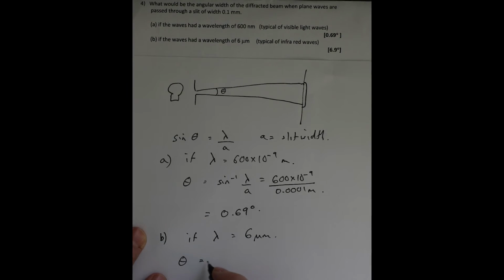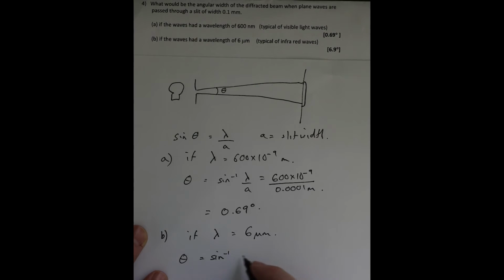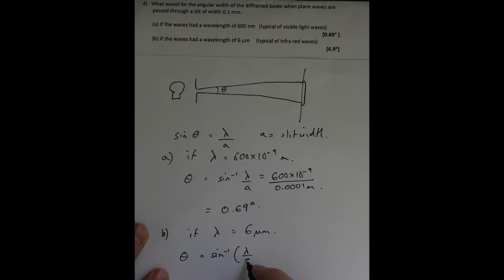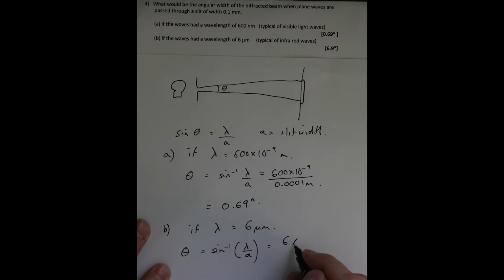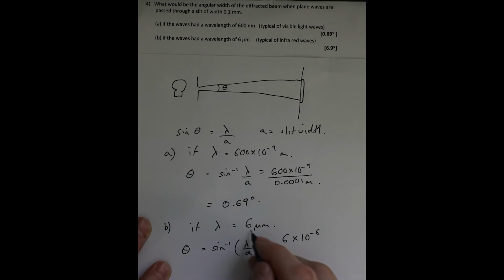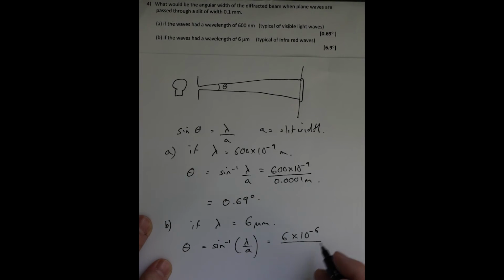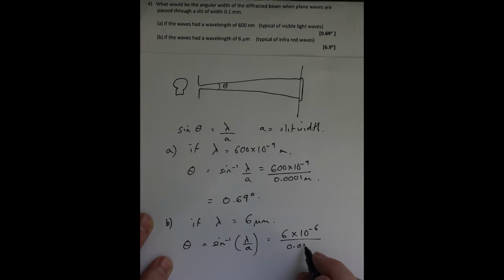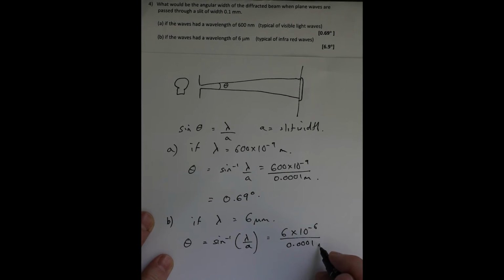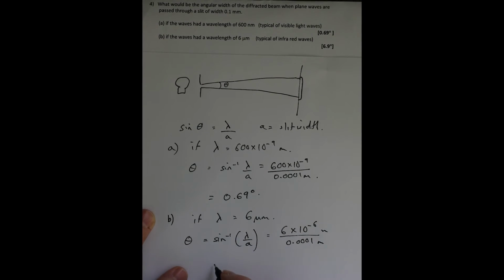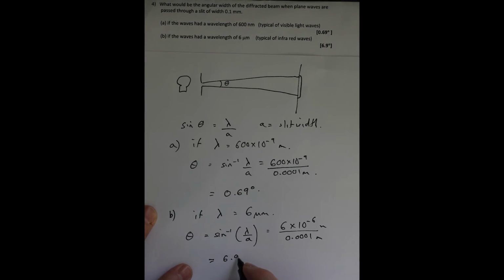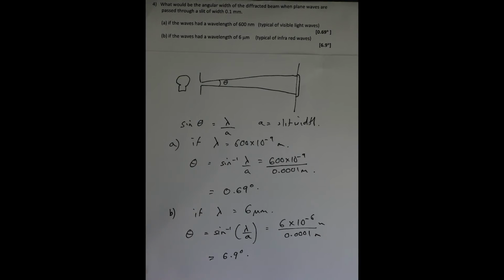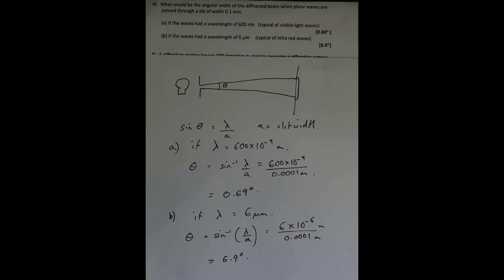So theta is equal to sine to the minus 1 of lambda over a, which in this case is 6 times 10 to the minus 6. Remember, micro is times 10 to the minus 6. Divided by the slit width, which is unchanged, 0.0001 meters. And so that's going to give me a value, if I calculate that, of 6.9 degrees. Okay, and that's it.